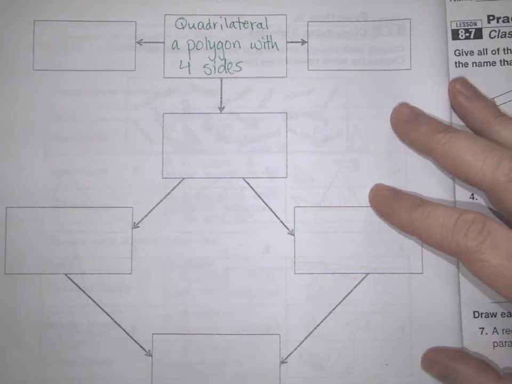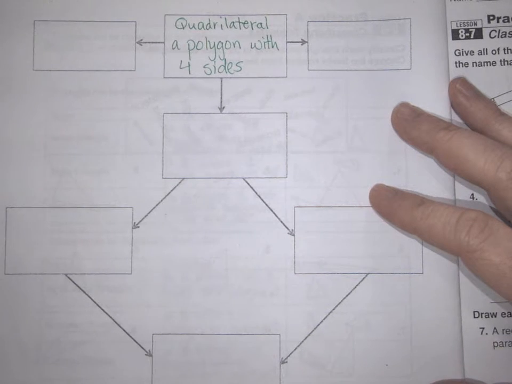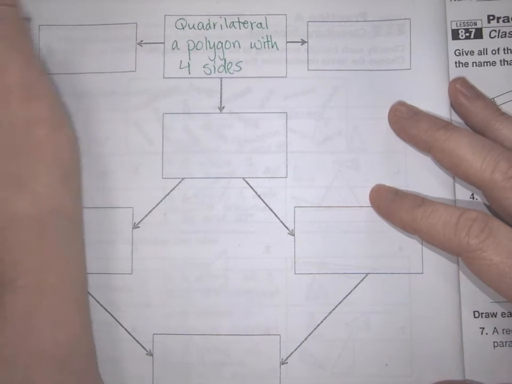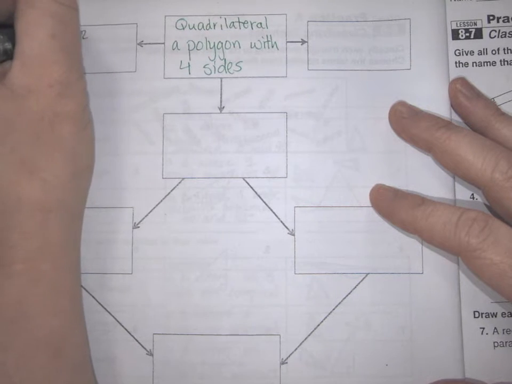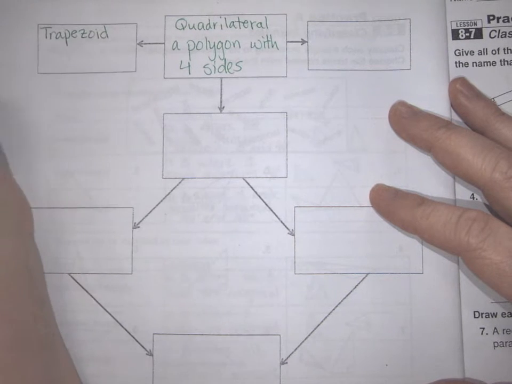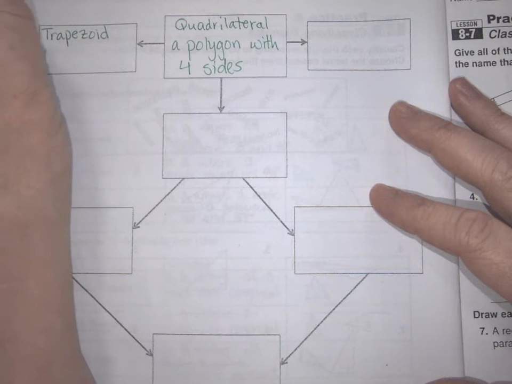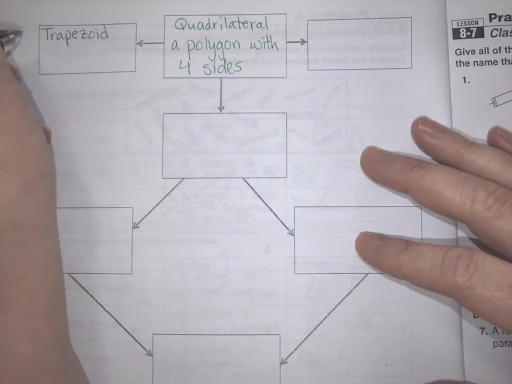All right, the first subgroup of quadrilaterals is a trapezoid. When you have a trapezoid, you have a quadrilateral with 1 pair of parallel sides.